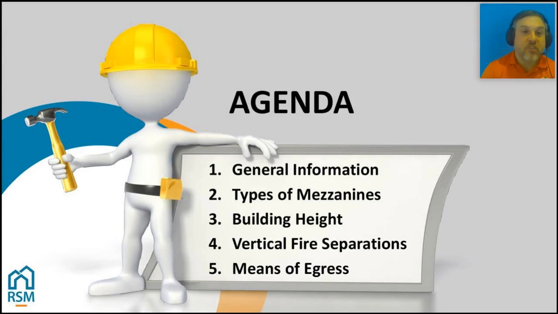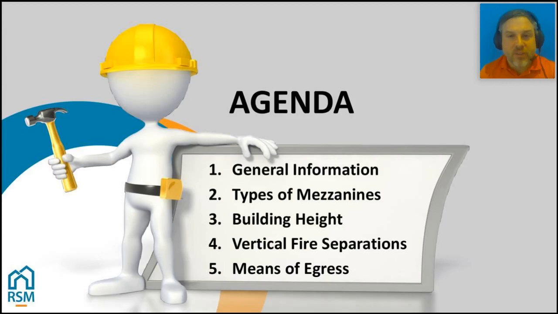Vertical fire separations. We all love to have open areas, but the gist of the code is that we need to compartmentalize buildings to stop fire movement throughout the building. So this critical vertical fire separation, and whether you need it or you do not need it, is very important when we go through these code items. And of course, the last piece is means of egress. We need to know how many exits, how many means of egress.